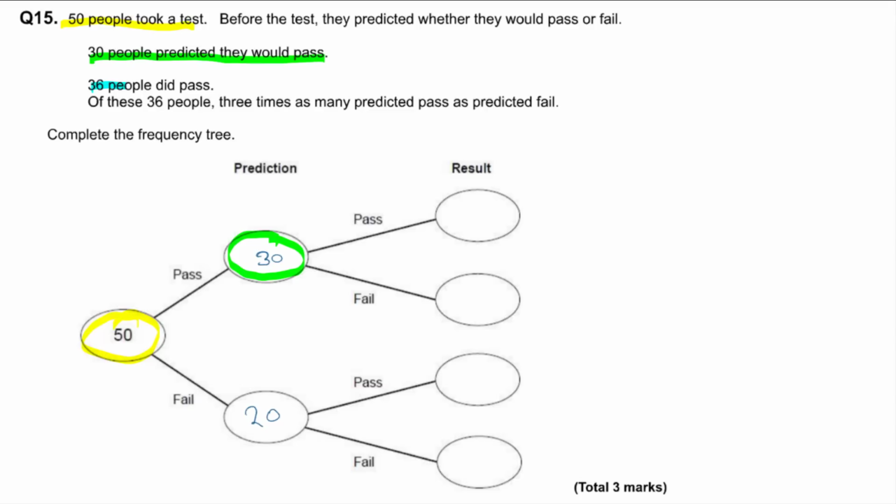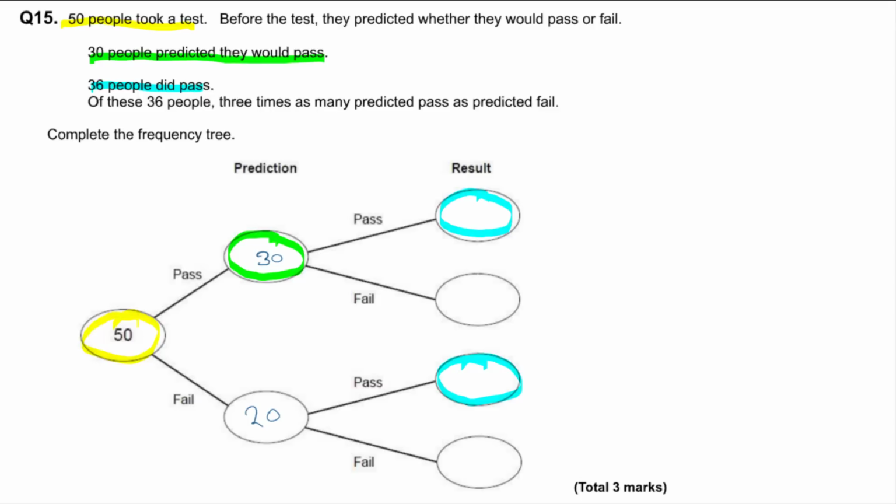Okay, now 36 people did pass. Now the 36 people who passed are actually in two places. They're going to be here and here, pass and pass. Of those 36 people, 3 times as many predicted pass as predicted fail.